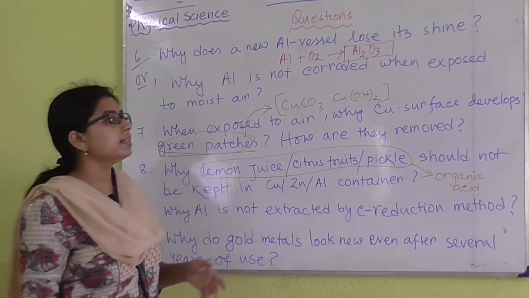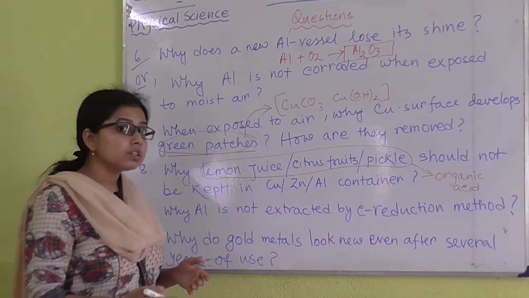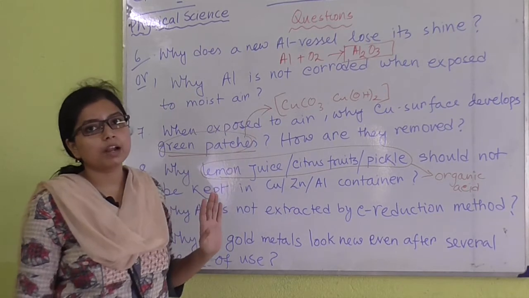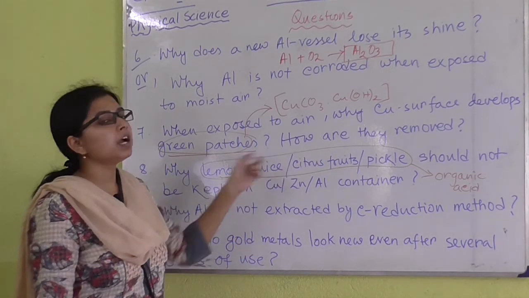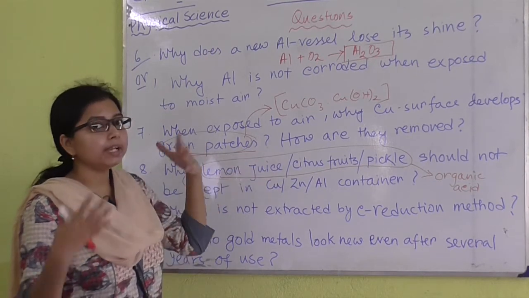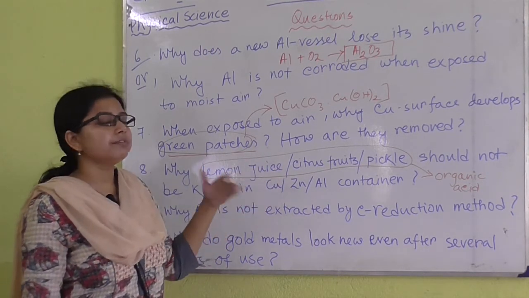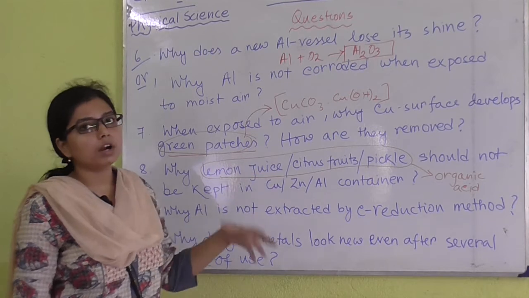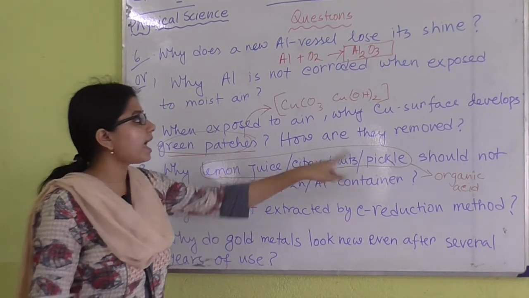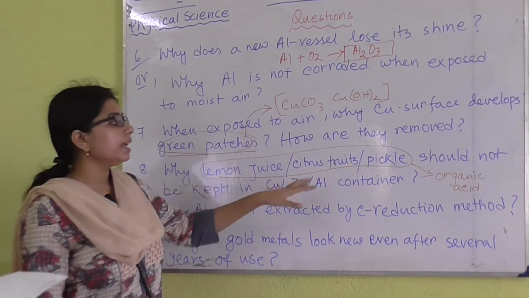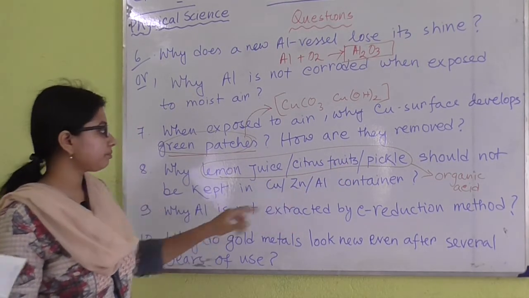They can also dissolve zinc oxide. They can also dissolve this basic copper carbonate. So all these dissolved metals will be present in our food, and if we ingest this food, then definitely it will be harmful for our body. Okay, so we should not keep this kind of food elements in a metallic container.